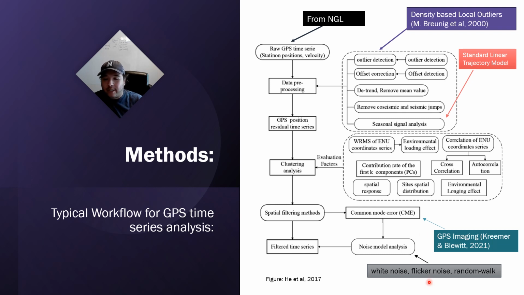And I have white noise, flicker noise, and random walk noise here. That kind of signal analysis is separate from seasonal signal analysis. Seasonal signal analysis is actually a physical deformation of the solid Earth, while white, flicker, and random walk noise are present from computations and just from it being a digital signal. So it's just a separate noise that we consider.